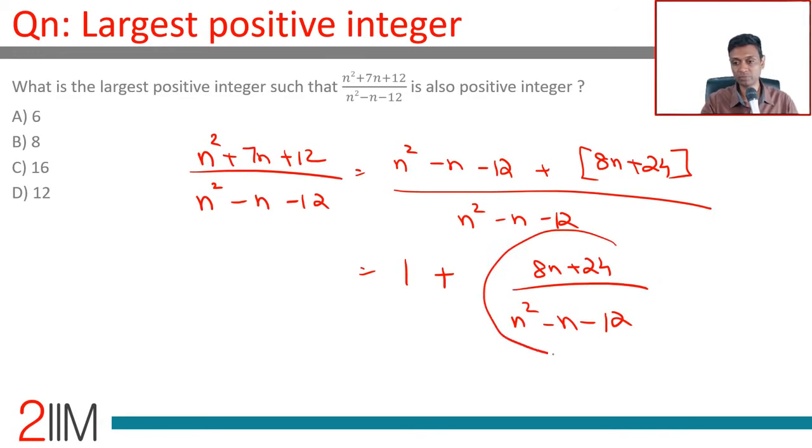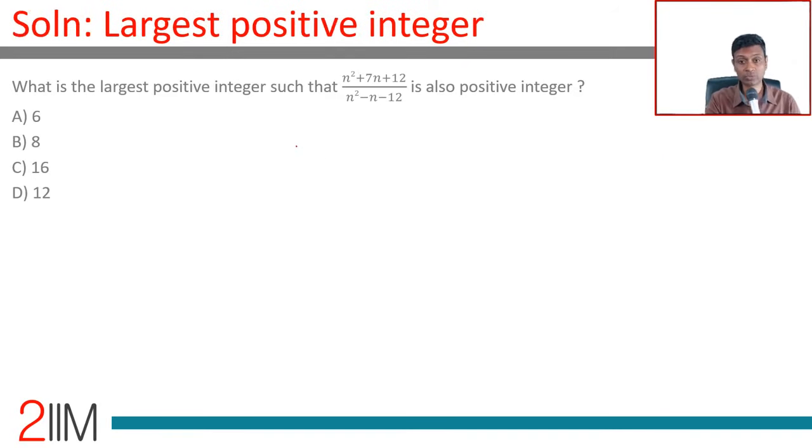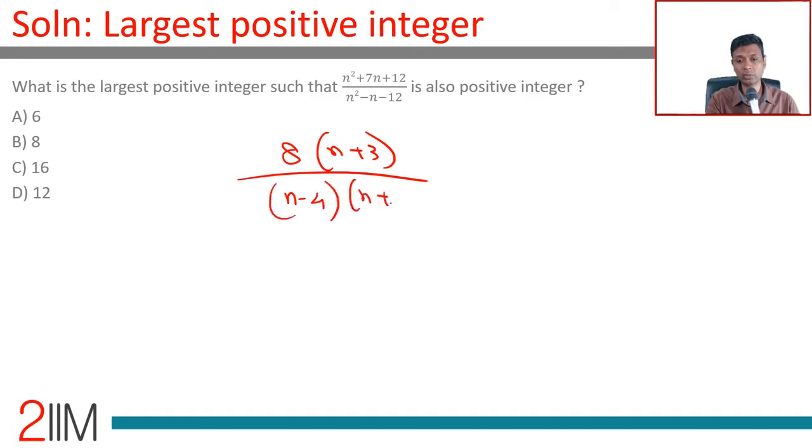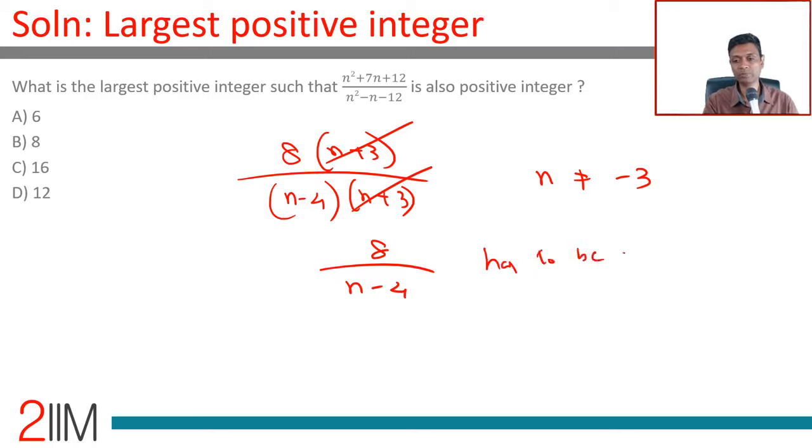Now let's look at this. If the whole thing has to be an integer, this has to be an integer. 8n plus 24 is 8 times (n plus 3). N square minus n minus 12 is (n minus 4) into (n plus 3). N cannot be minus 3, so this can be knocked off. 8 by (n minus 4) has to be an integer.